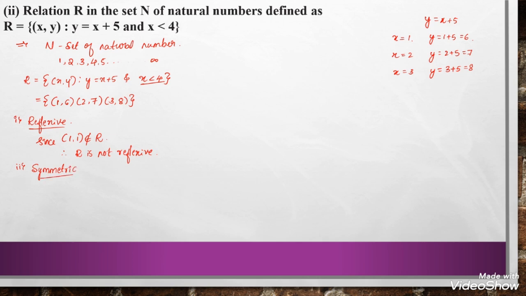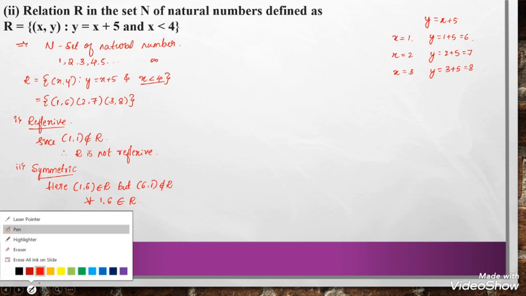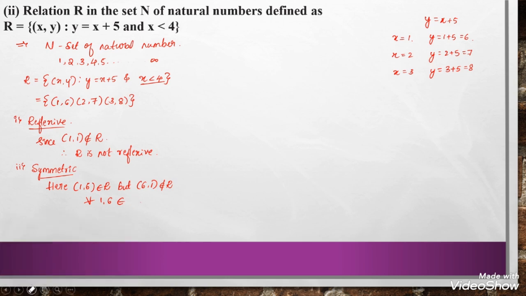Here (1, 6) belongs to the relation, but (6, 1) does not belong to R, where 1 and 6 are elements of the set A, the set of natural numbers. Based on this, R is not symmetric.